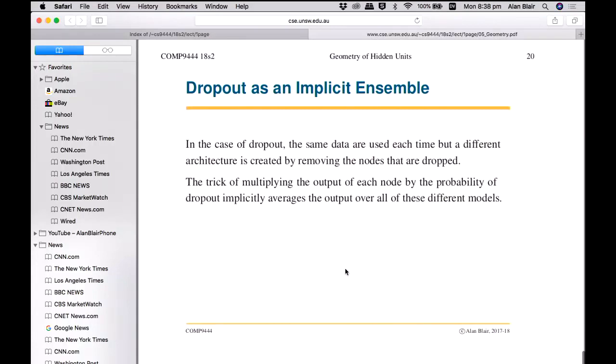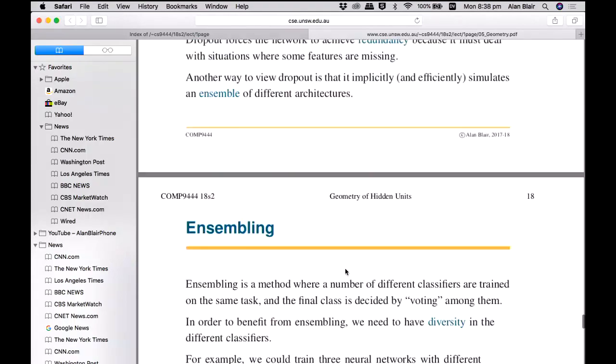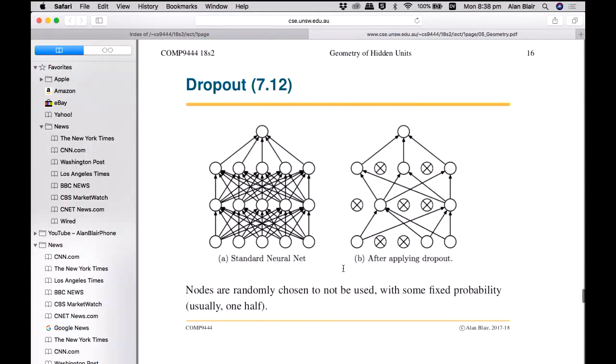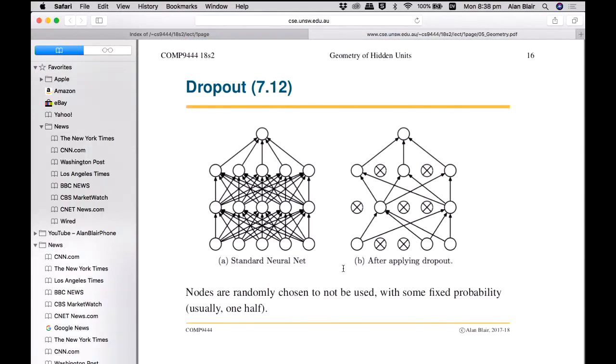The other way to think about dropout is that it's kind of an implicit ensemble method. Let's just think about this theoretically.